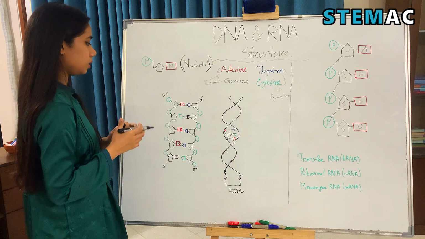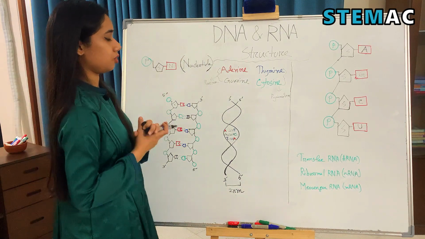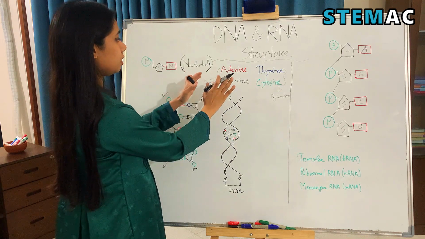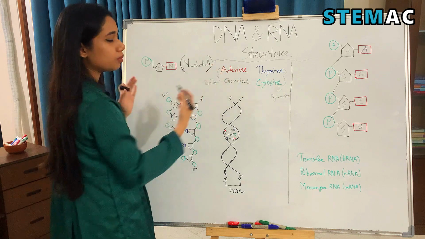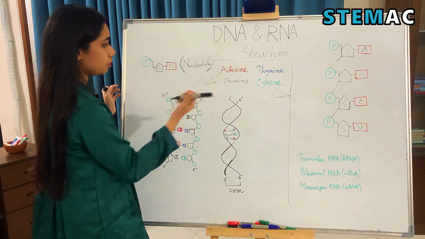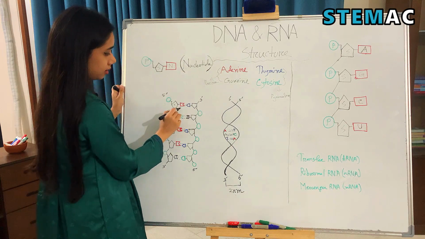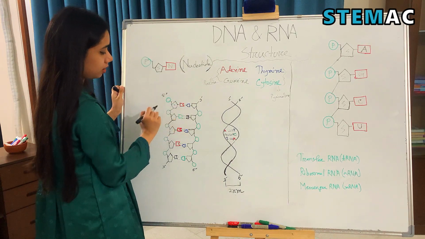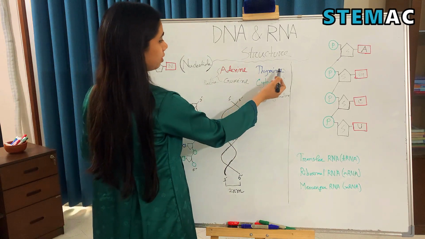In the structure of DNA, the double helix structure, these bases are complementary to each other. So if we have an adenine base in this section, for this adenine we will need a complementary thymine.